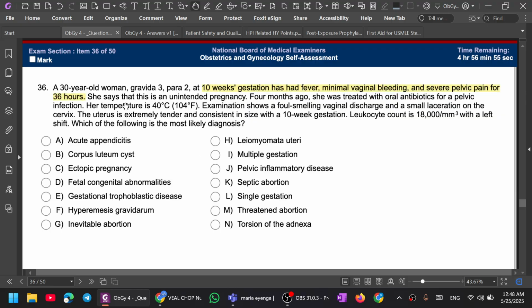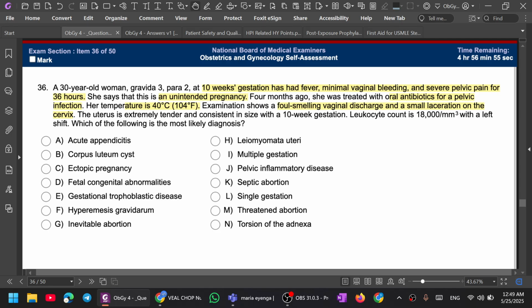A 30-year-old woman, gravida 3, para 2, at 10 weeks of gestation, had fever, minimal vaginal bleeding, and severe pelvic pain for 36 hours. She says that it is an unwanted pregnancy. Four months ago, she was treated with oral antibiotics for a pelvic infection. Temperature is 104. Examination shows foul-smelling vaginal discharge and a small laceration of the cervix.